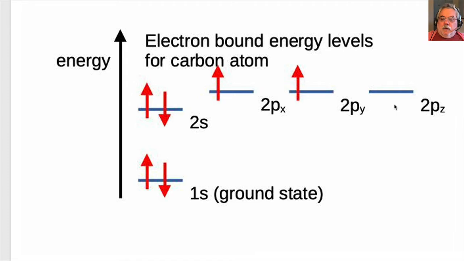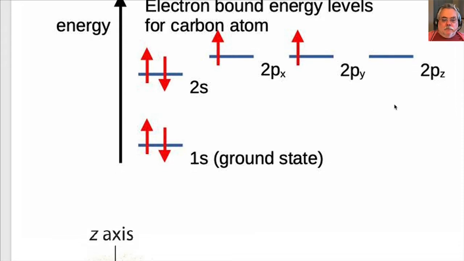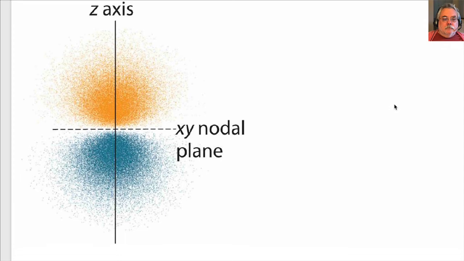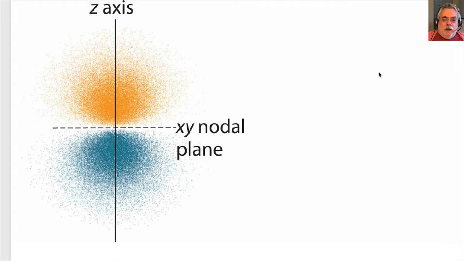The p atomic orbitals are directional, with highest probability along an axis, not spherically symmetrical. Here is the p sub z orbital. It's oriented along the z-axis. Here is a different representation of the p sub z, p sub x, and p sub y orbitals.